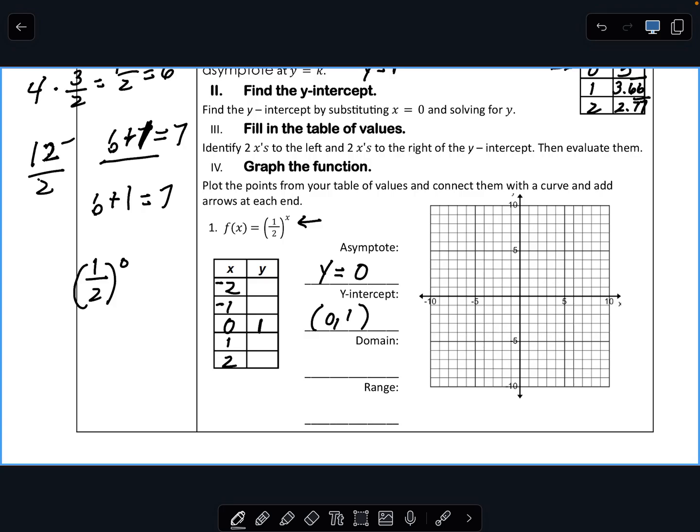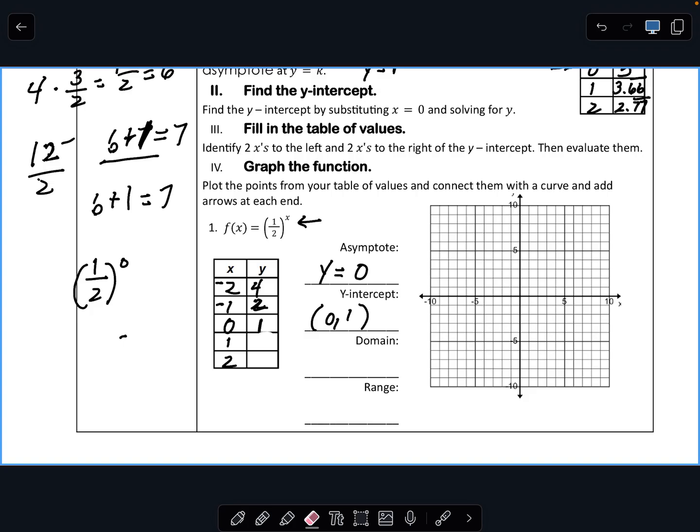Great, let's figure out our others. So I'm going to have 1/2 to the -1st. Again, you're going to flip it. So this would be 2. And then I'm going to have 1/2 to the negative second power. So I'm going to flip it. So I'm going to have 2 squared, which would be 4.